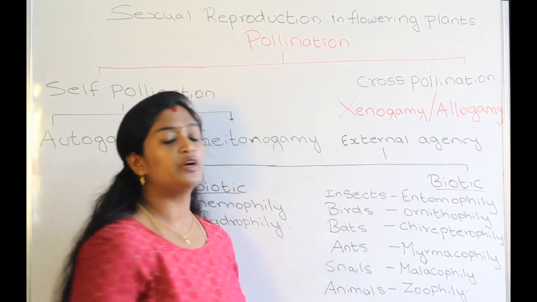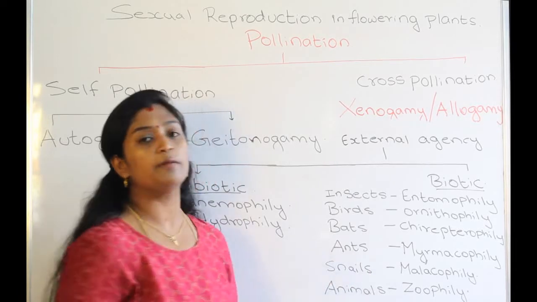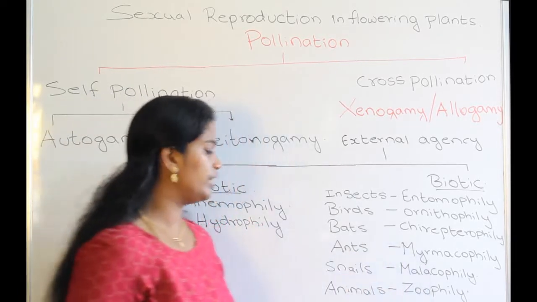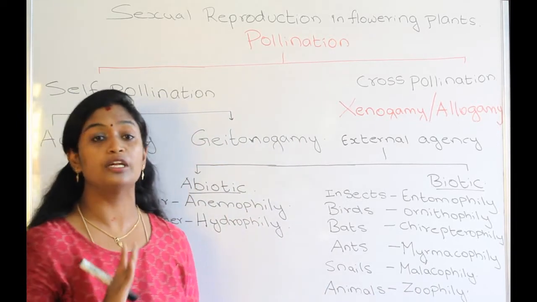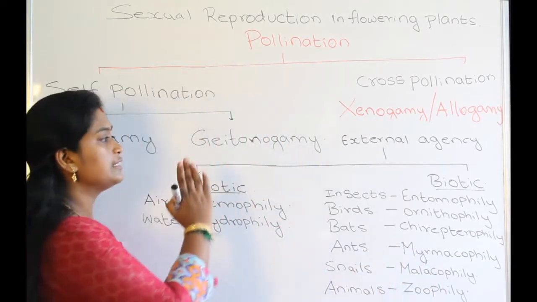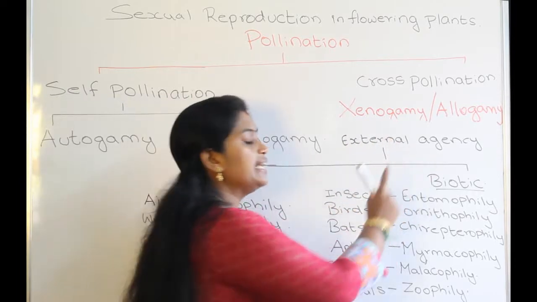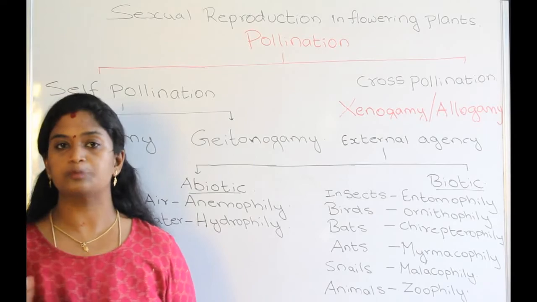If ants, myrmecophily. If snails, malacophily. In general, animals such as monkeys and squirrels play a role in cross-pollination, called zoophily. If these external agencies, abiotic and biotic, are absent, then there is no chance of cross-pollination.